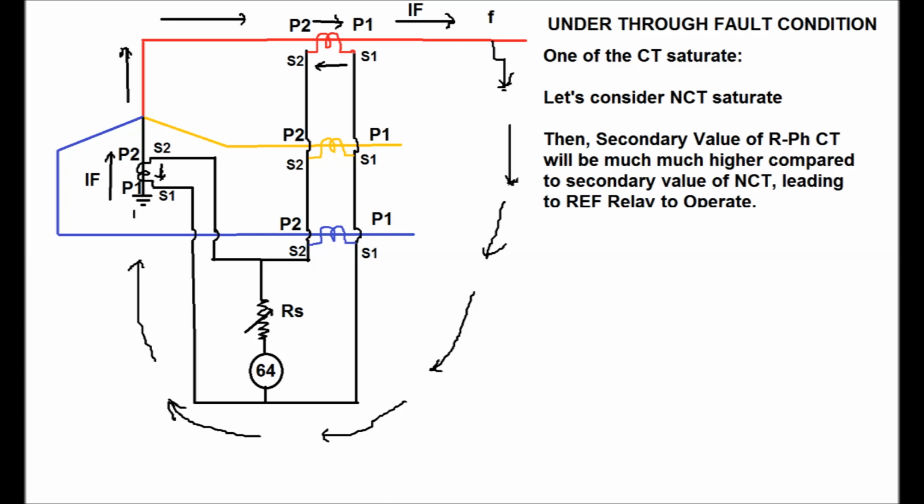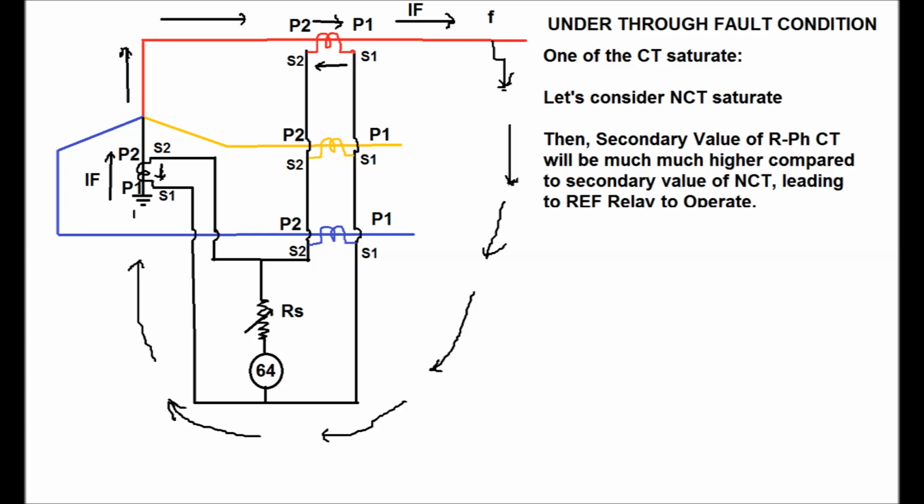But the secondary replica of this current for the phase CT and neutral CT will not be the same. That is, the secondary replica of the current in the phase CT will be much higher compared to the neutral CT, and that is why the total current in the REF relay shall not be 0, which will lead to operation of the REF relay.